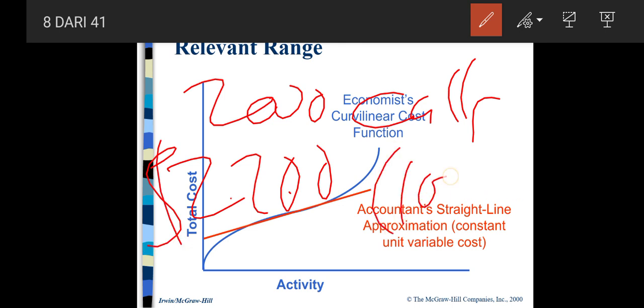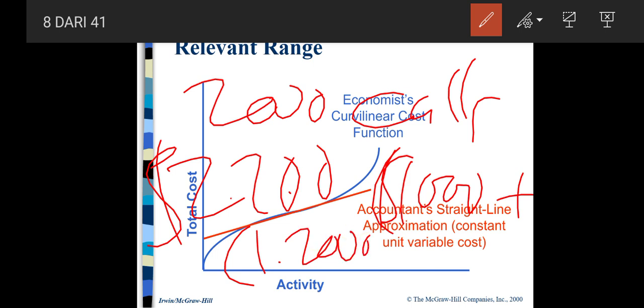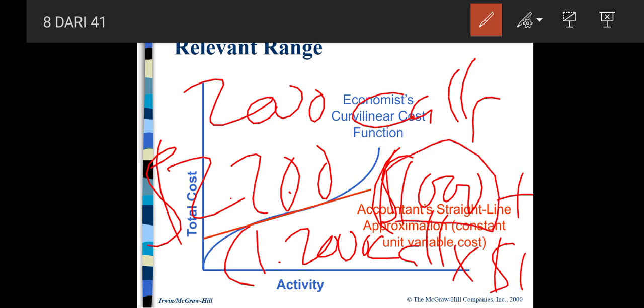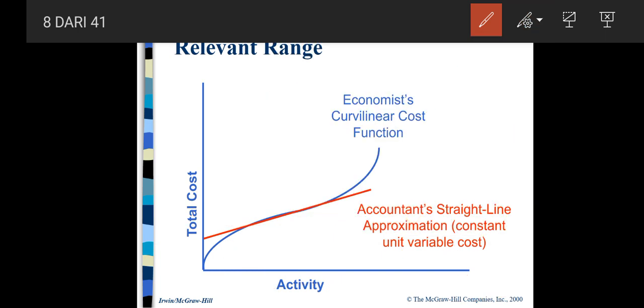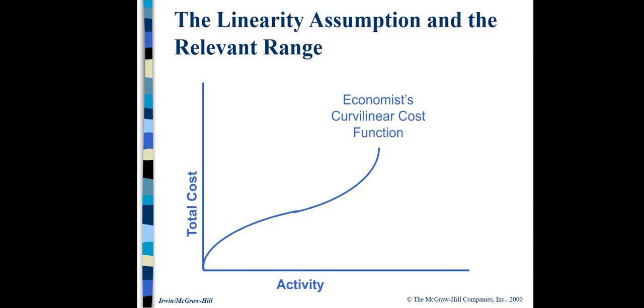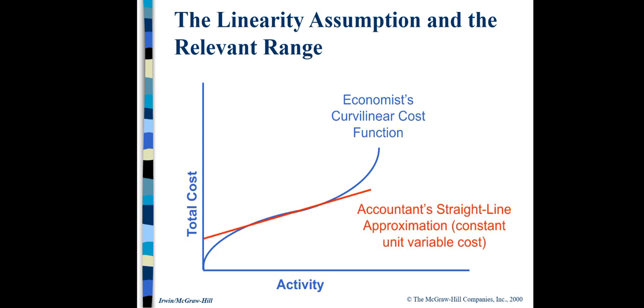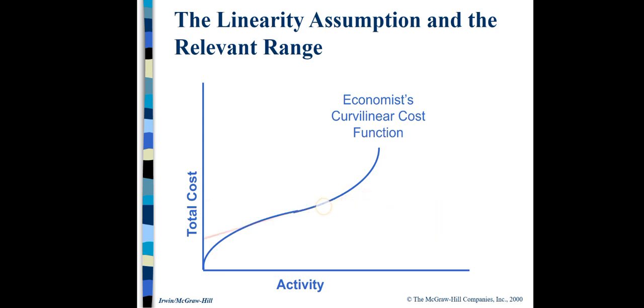Jadi itu dapatnya dari $1,000 plus 1,200 calls multiplied by $1. Nah, jadi $1,000 ditambah 1.200 calls dikali $1 atau $1.200 equals $2,200. Dia akan terus meningkat seiring dengan aktivitas. Namun di titik tertentu dia akan tetap sama, remain the same.